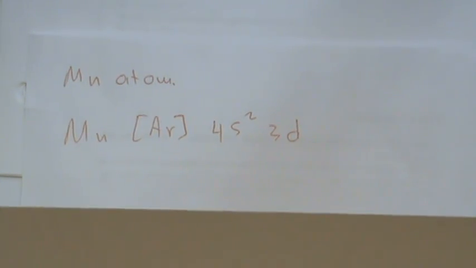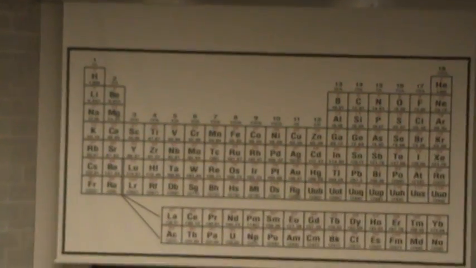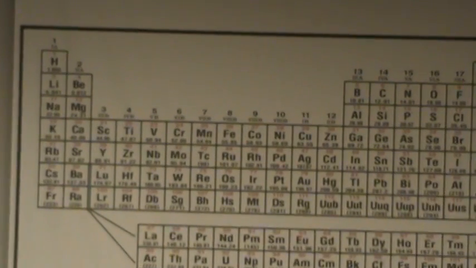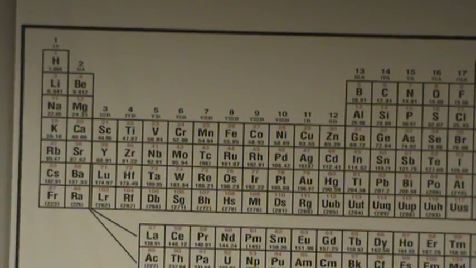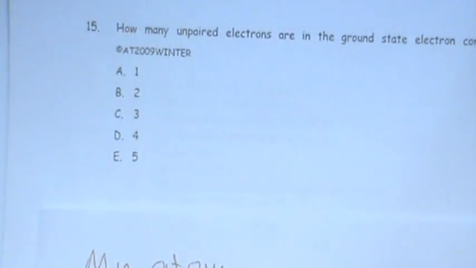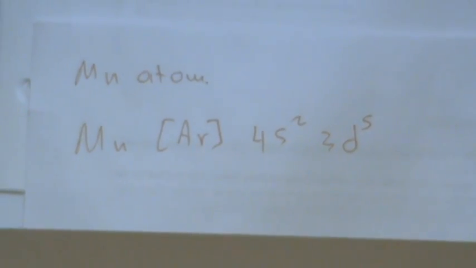Scandium 21, 1, 2, 3, 4, 5. So it's going to be d5. Everybody okay with that? That's what you will do, just like any other time for any atom.